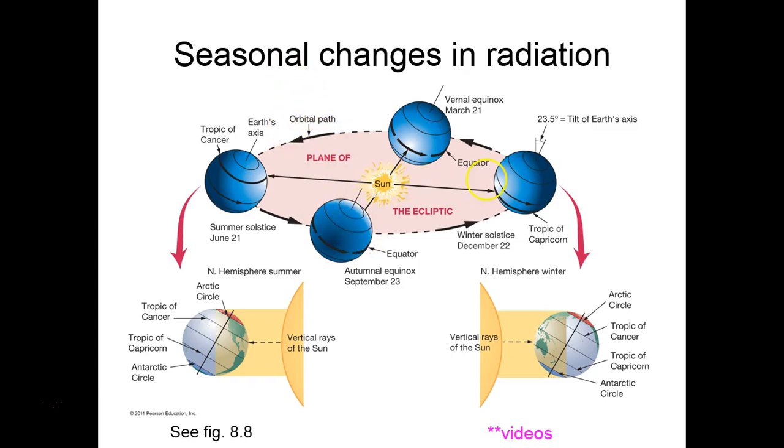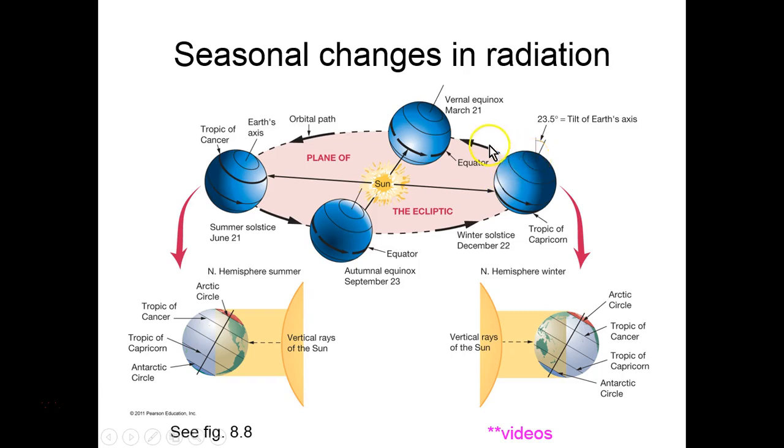Now, as we progress into the winter, on December 22nd, you'll see that the northern hemisphere is now angled away from the Sun, and the Sun's energy is hitting directly at about 23.5 degrees south, which is called the Tropic of Capricorn. So when that happens, the northern hemisphere is going to experience its shortest day of the year, because we are getting the least direct hit from the Sun.